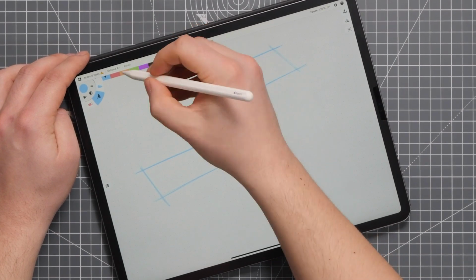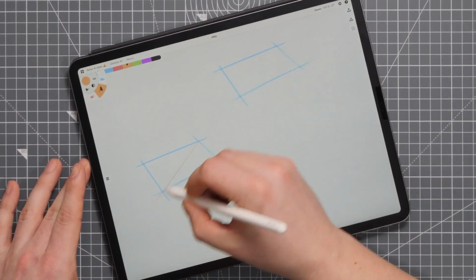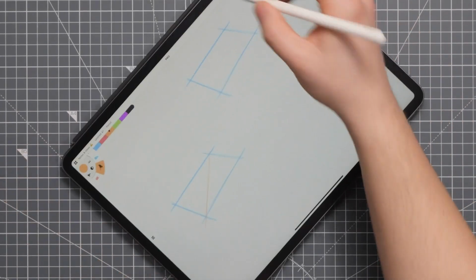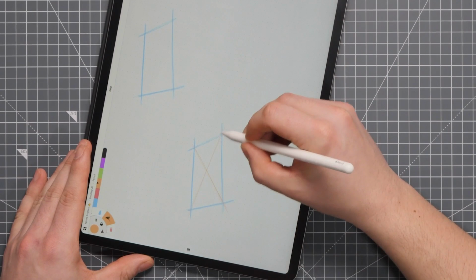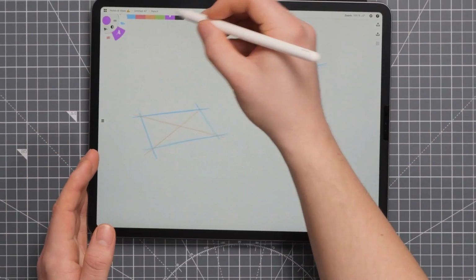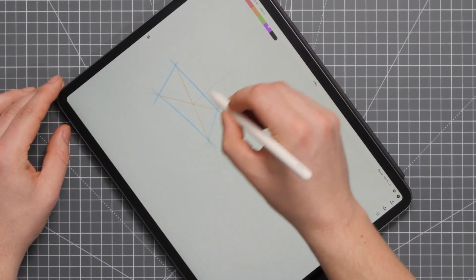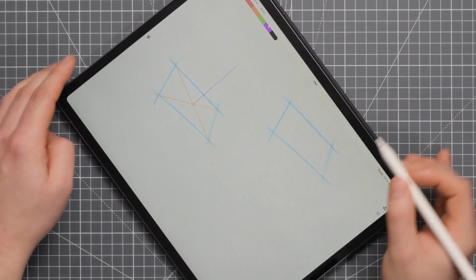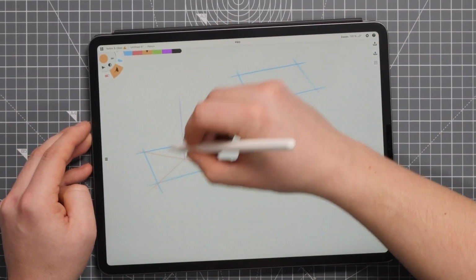Okay, now find the midpoint with diagonals. Draw a vertical guide up from the middle. And finally, just connect the corners to it.